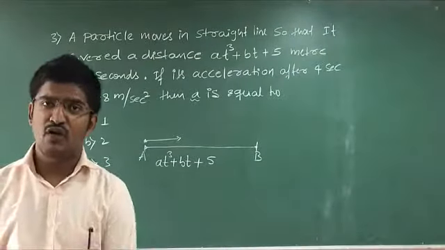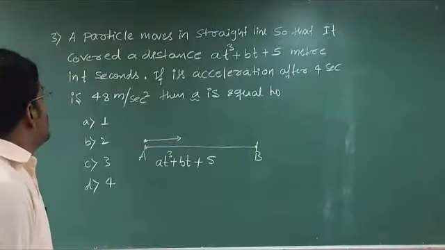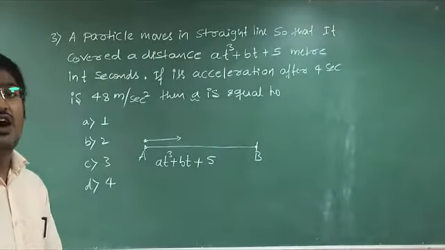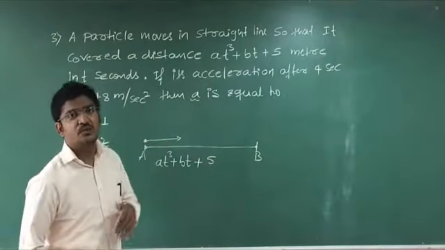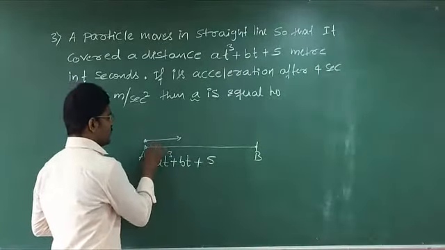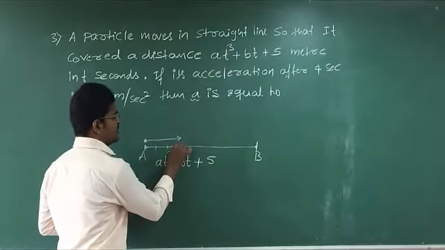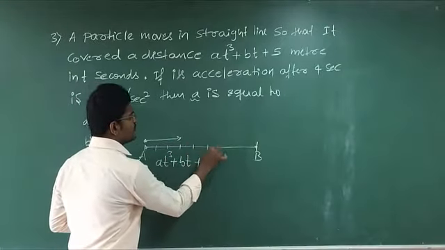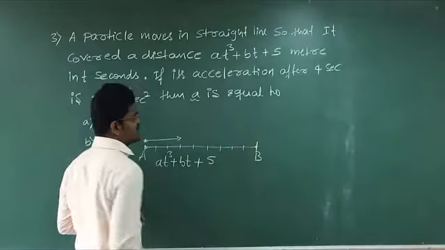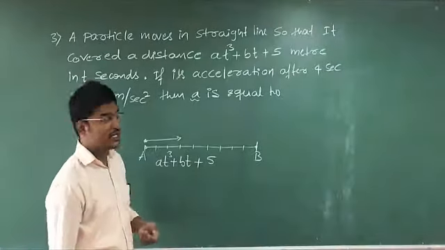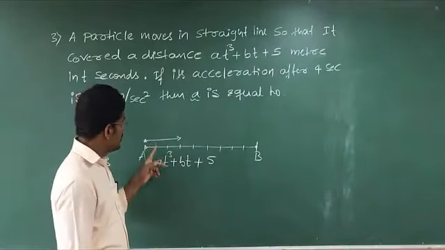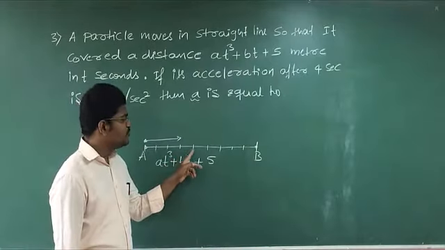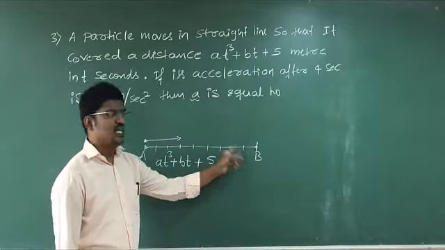That is given. Now for the acceleration after 4 seconds, let us take first, second, third, fourth, fifth, sixth, seventh and eighth. Let us assume it, no problem. These are the measurements of time: T1, T2, T3, T4, T5, T6, T7, T8.